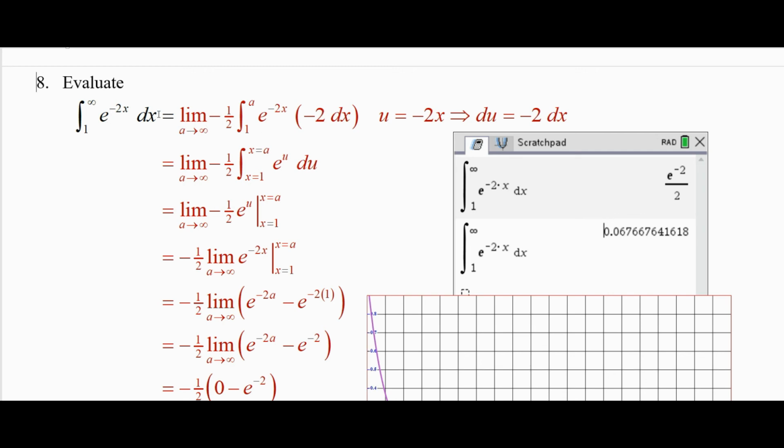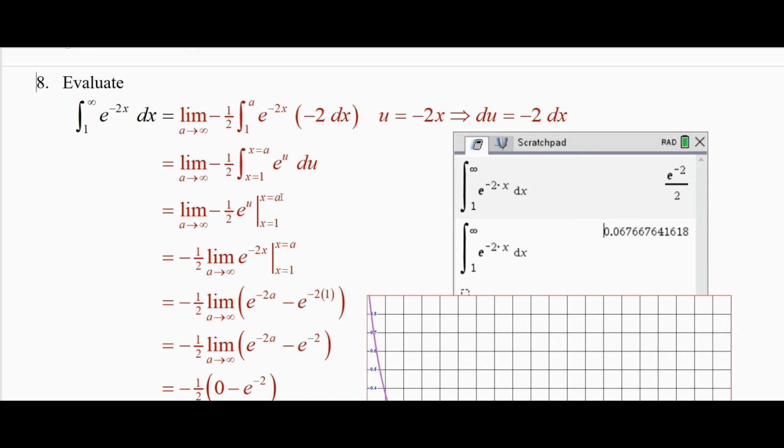So anyway, we're going to do a substitution. Let u be negative 2x, du is negative 2 dx. Put in a negative 2, put in a negative 1/2. And let's see what happens here. This time I just said x equals 1 to x equals a and left it like that. The antiderivative of e to the u is e to the u.